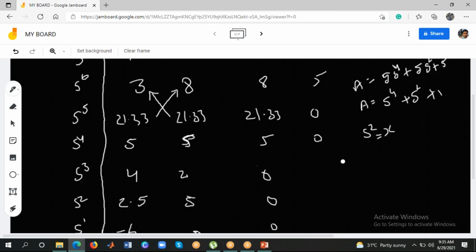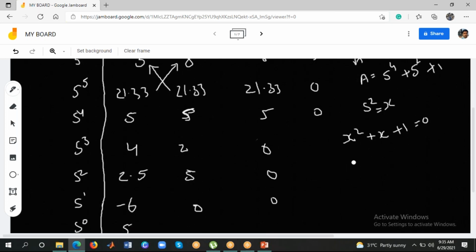We get x square plus x plus 1. So now we are going to find the roots of this equation. So here a is equal to 1, b equals to 1, and c equals to 1.